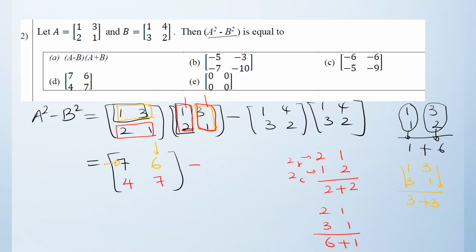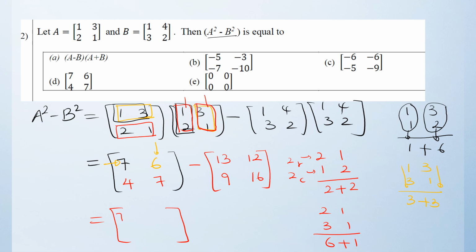Similarly, I think you can multiply B by B. Finally, what you get is 1 plus 12, that is 13, and similarly here we have 12 and here we have 9 and 16. Then the subtraction between these two. Subtraction between matrices of the same order can be done by taking the difference between corresponding elements.